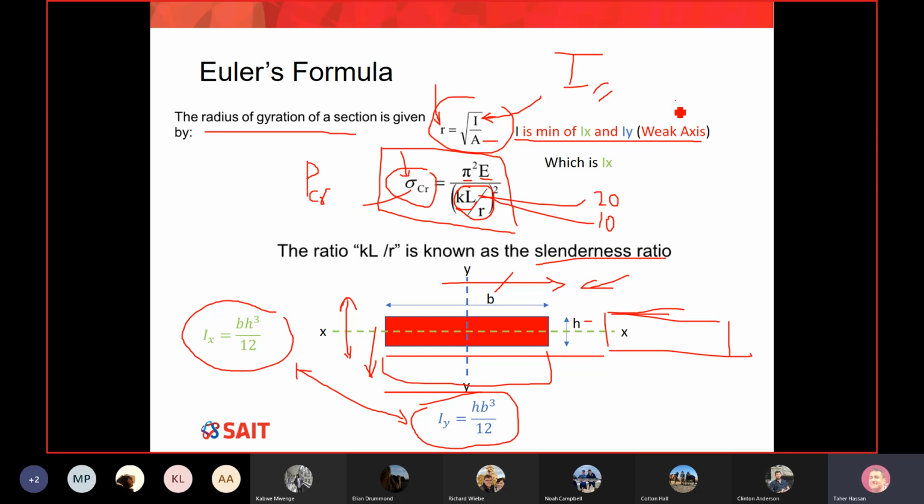I said here weak axis, my buckling will happen on the weak axis. So you should use the larger dimension of the cross section times the smaller dimension of the cross section to the power 3, divided by 12. You should find this number and not the other number, because this is where buckling will happen.